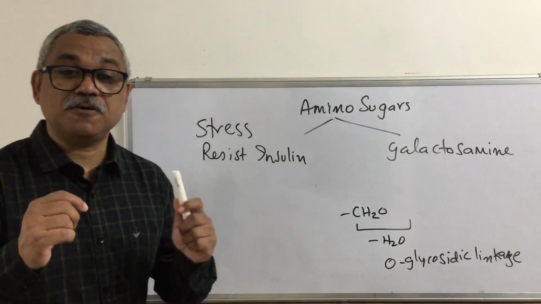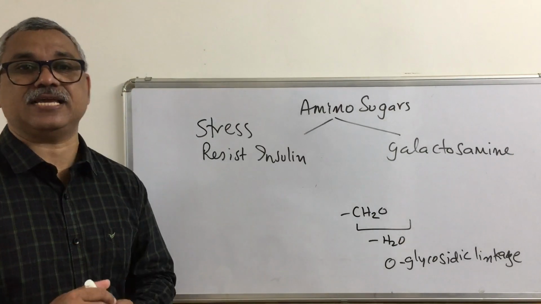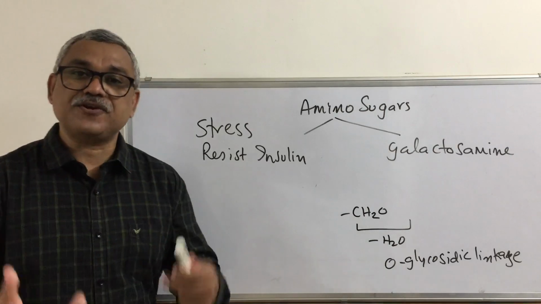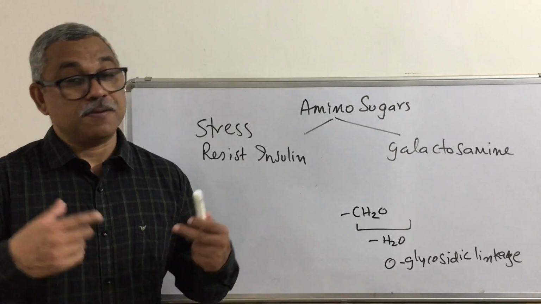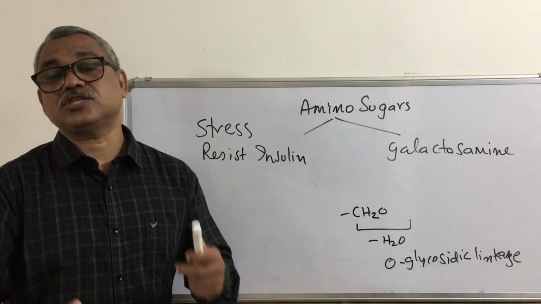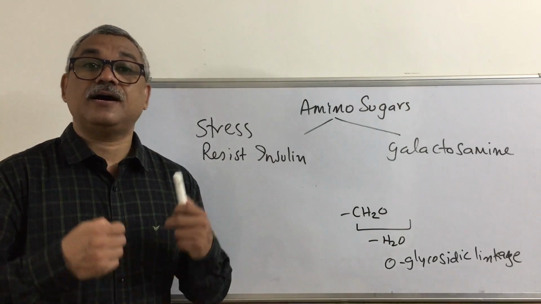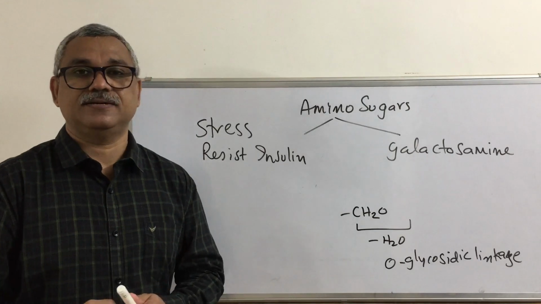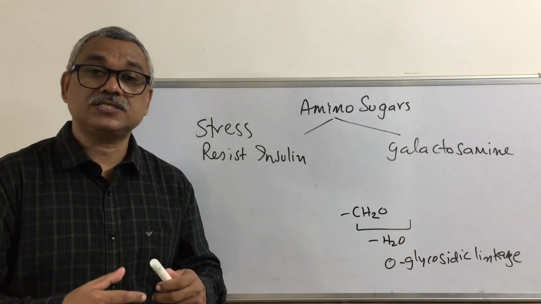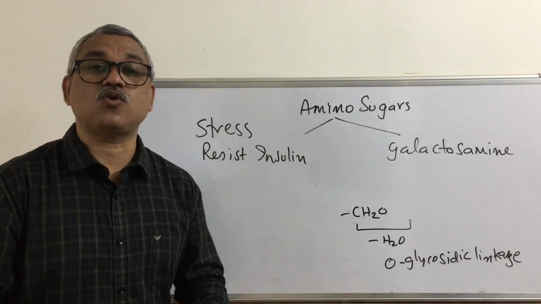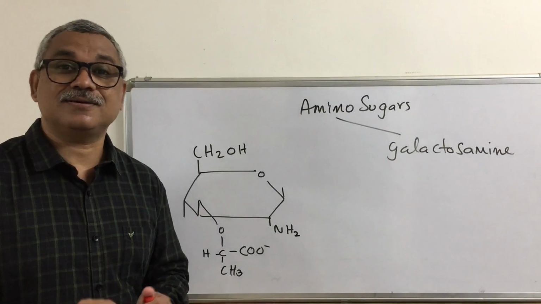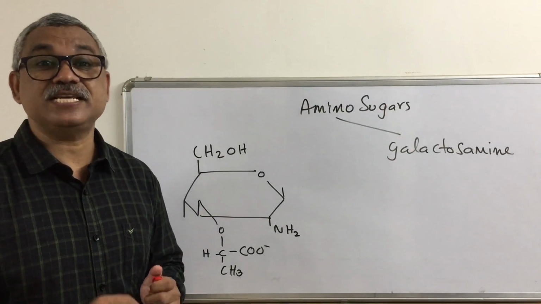Glycosylation of protein seems to decrease as we become older, so it affects cognitive functions like memory. Glucosamine is also used as a supplement, especially in rheumatoid arthritis, because N-acetyl glucosamine and glucosamine are part of mucopolysaccharide.